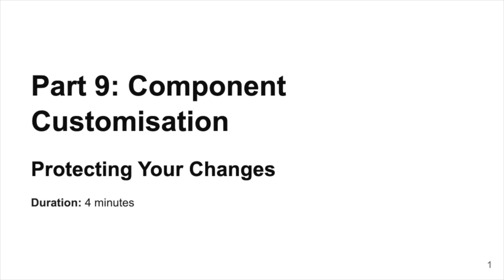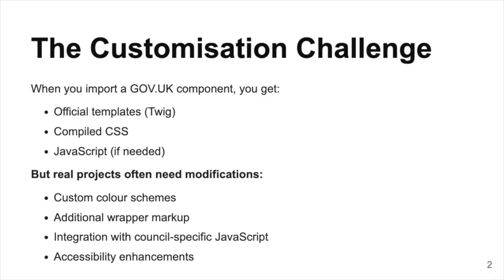What happens when you need to modify a gov.uk component? Perhaps you need custom styling, additional markup, or behavior changes specific to your council's requirements. This system handles customization gracefully, protecting your changes while still allowing updates. When you import a component, you get the official gov.uk templates, CSS, and JavaScript.